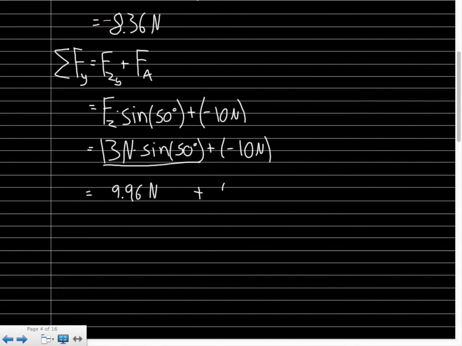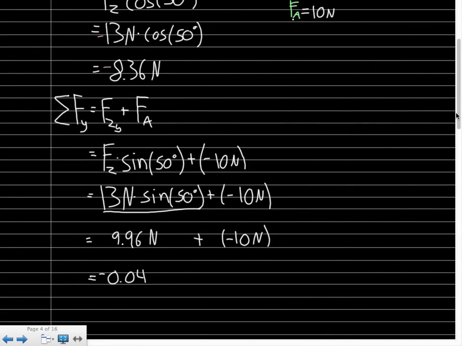And we're adding that to negative 10. So you can see now the negative 10 is greater than the force of Z in the y direction. And we get out 0.04 negative. All right, so we have our x and our y.